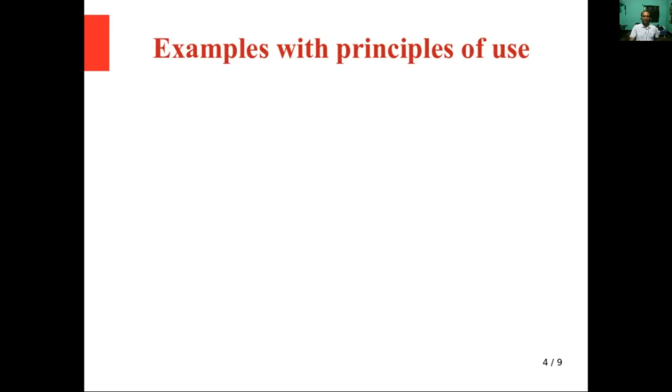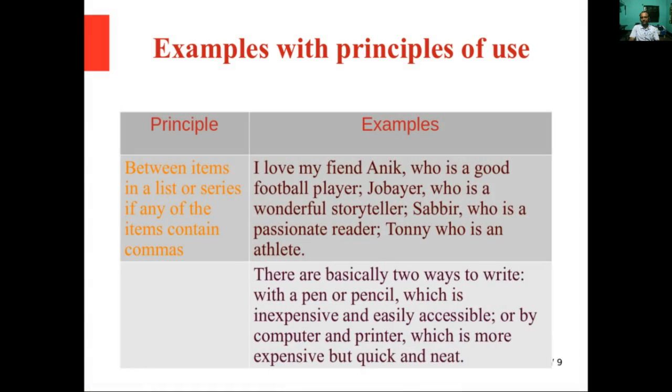So now we will go on to the principles of use. Principles we have already given, but for now we are going to be very specific about the principles and the examples of use. Okay, so here we go. The principle is between items in a list or series if any of the items contain commas. So mark the words items in a list or series.